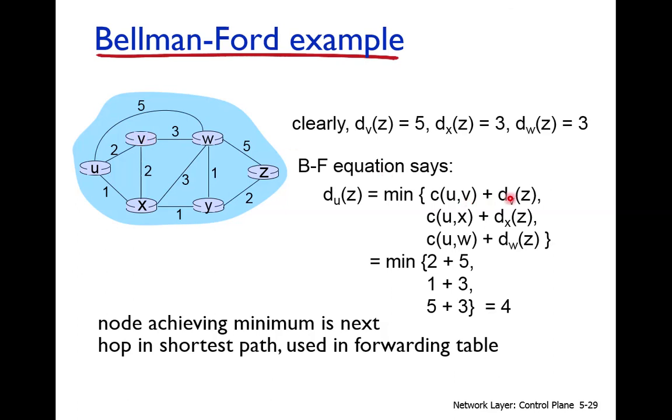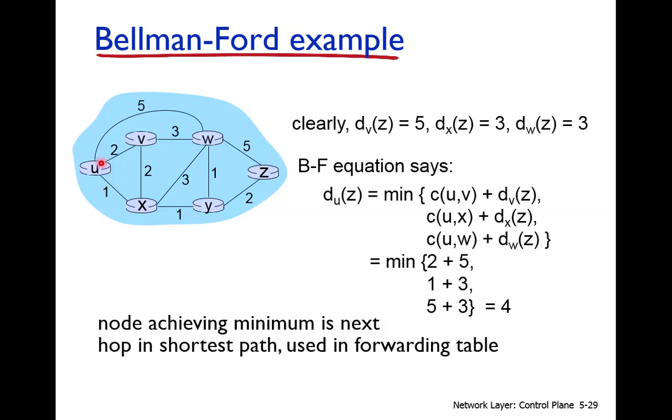Suppose it is dvz, and dvz is, suppose, 5 at the moment. So it means that if u wants to reach z through v, then the path will be u to v, 2, and from v to z it is 5. So the cost will become cuv plus dvz: 2 plus 5, it becomes 7.